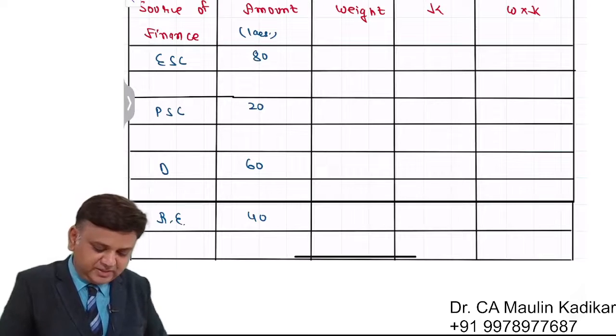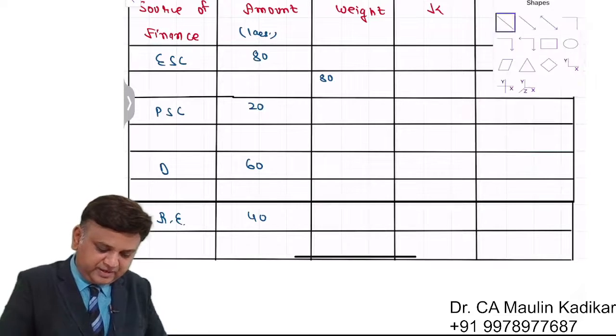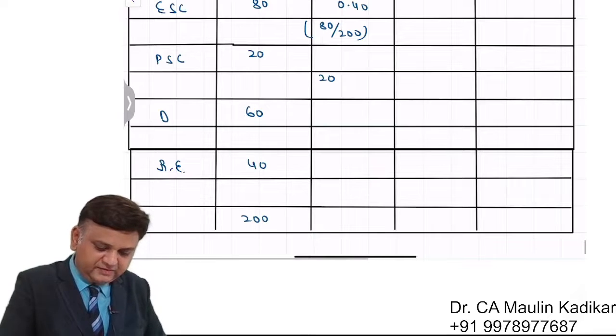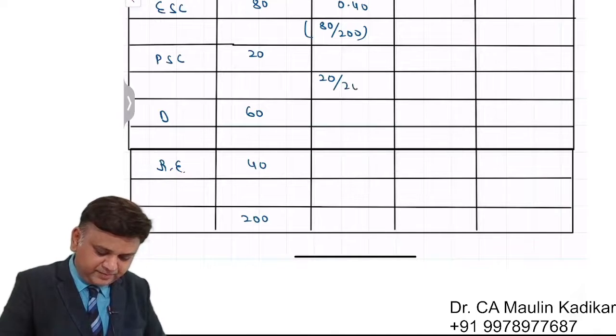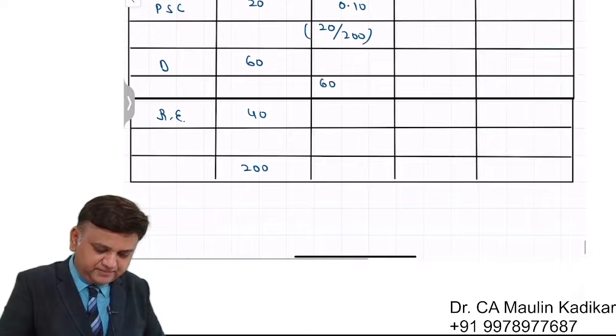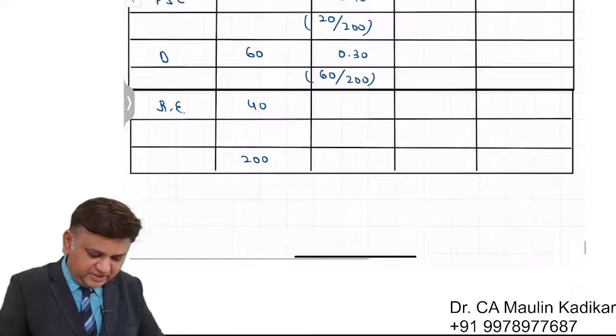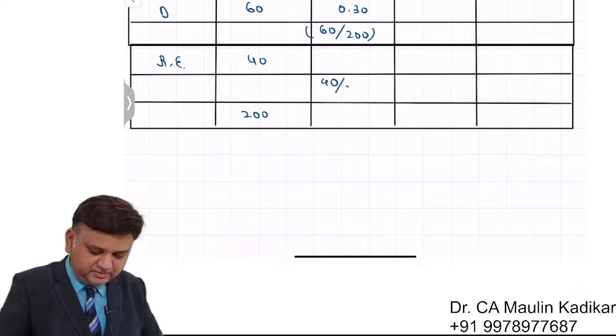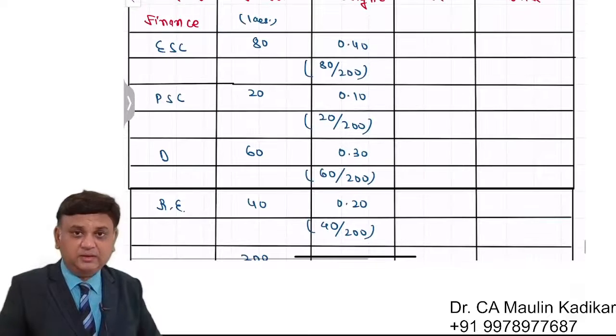So the weight would be calculated as 80 divided by 200, that comes to 0.40. 20 divided by 200 comes to 0.10. Then 60 divided by 200 comes to 0.30. And 40 divided by 200 comes to 0.20. And total would definitely be 1.